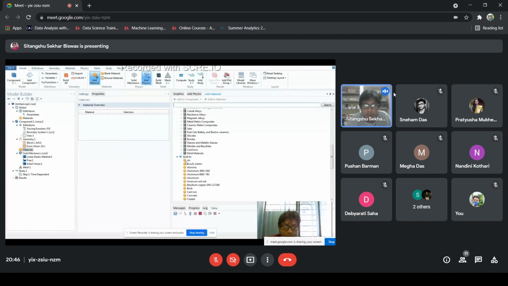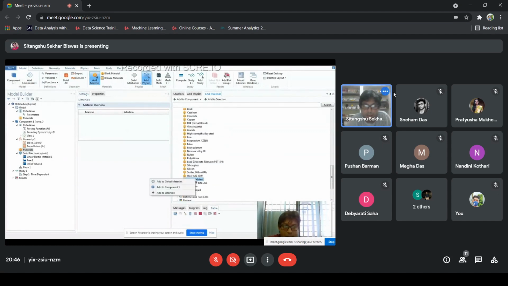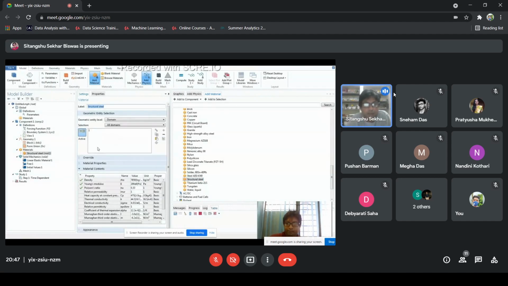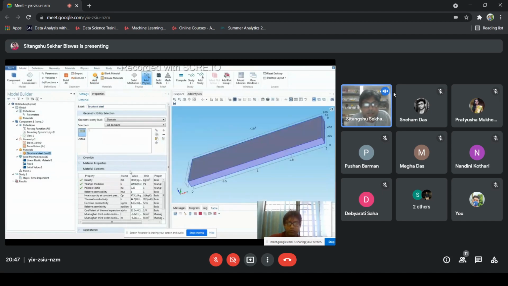I simply selected structural steel and added it to the component. And you select material 1. So you see it is selected.